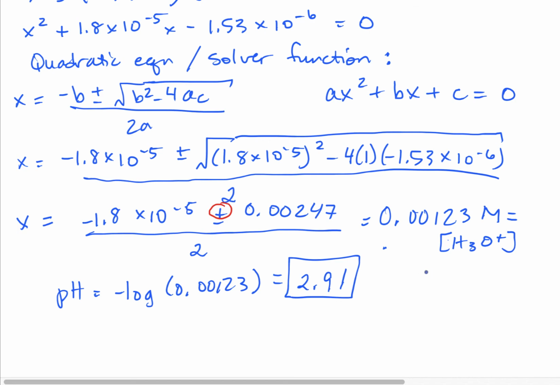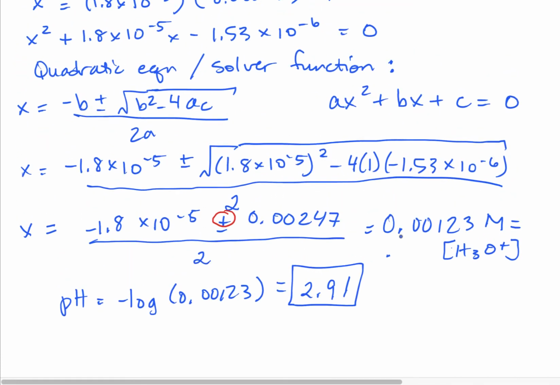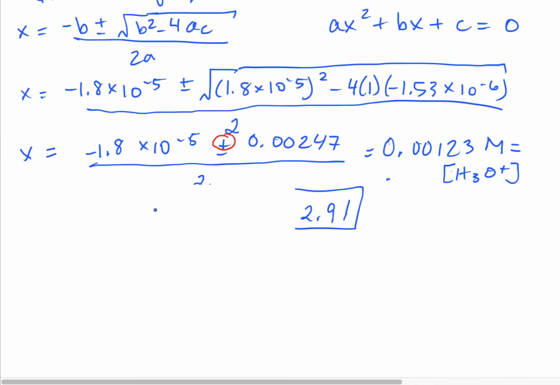We should not have as acidic a solution when we have a weak acid compared to a strong acid. So I hope that you pause this video and practice solving this quadratic equation for the acetic acid.